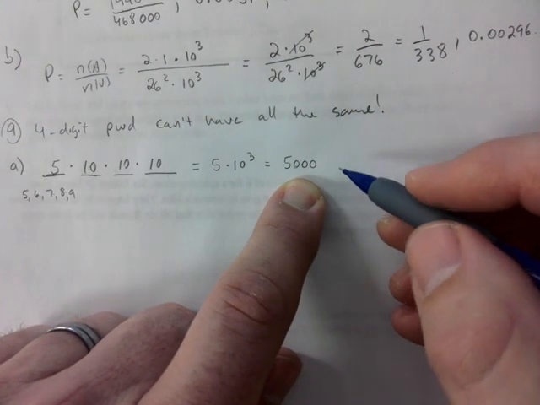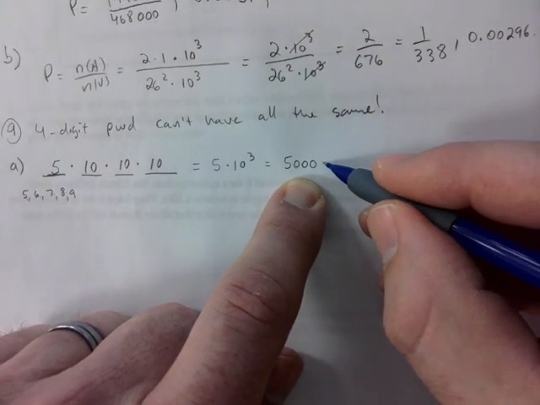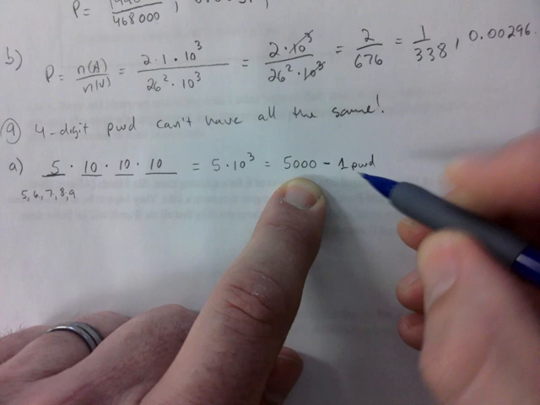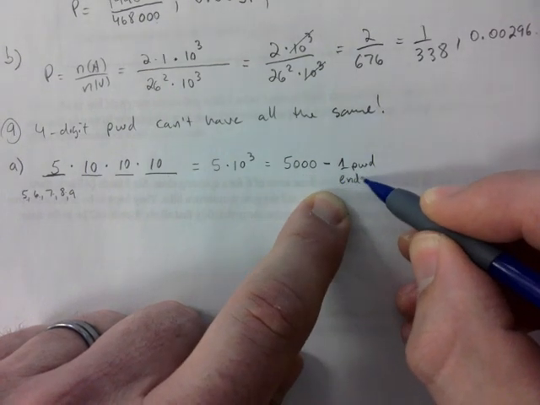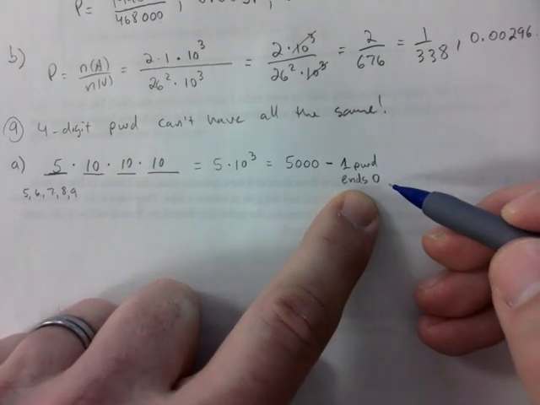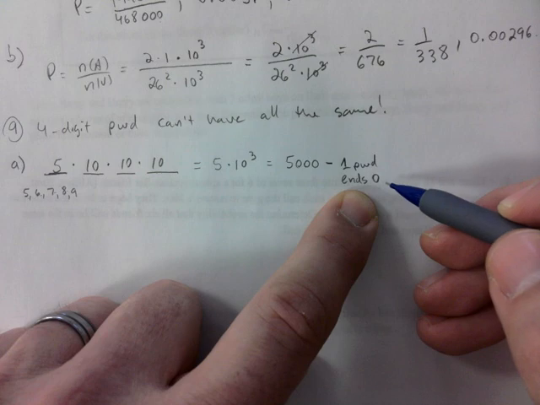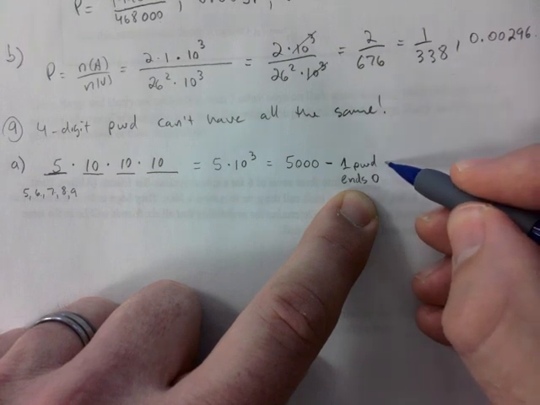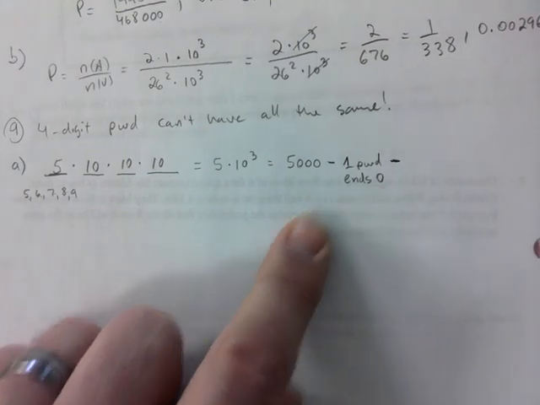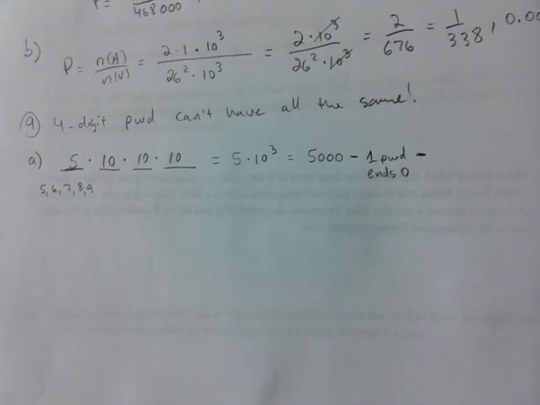But here's the kicker. You gotta subtract one password that ends with 0. The one that would end with a 0, I'm going to get rid of that. I also have to get rid of a few passwords that would have all the same digits.